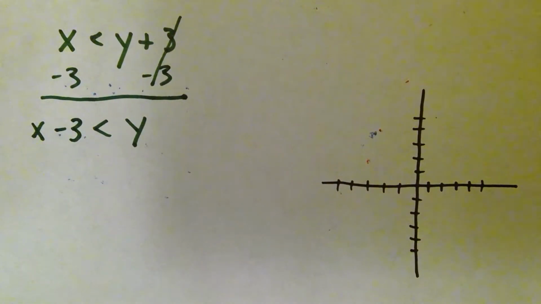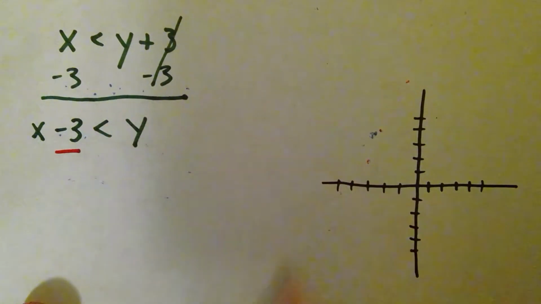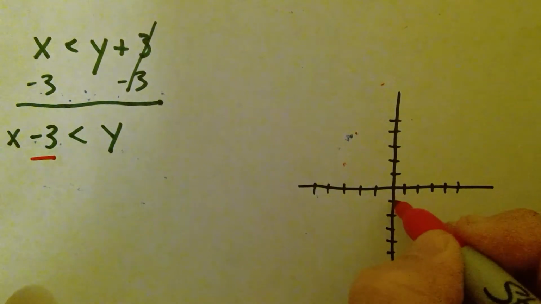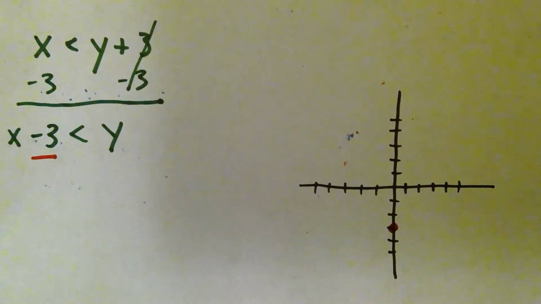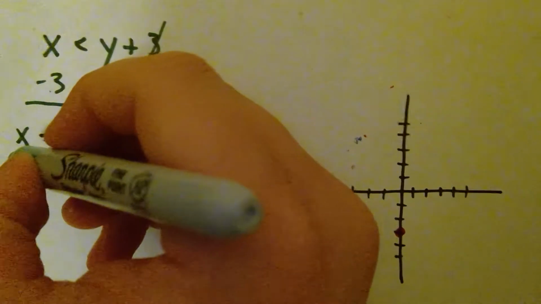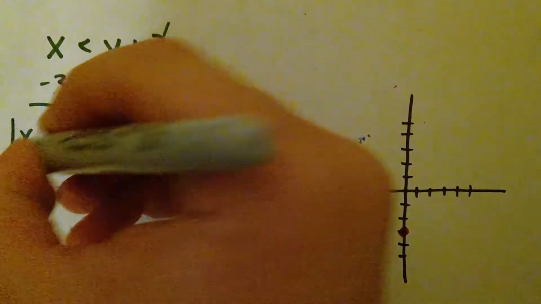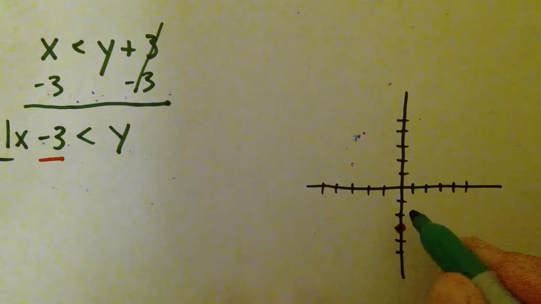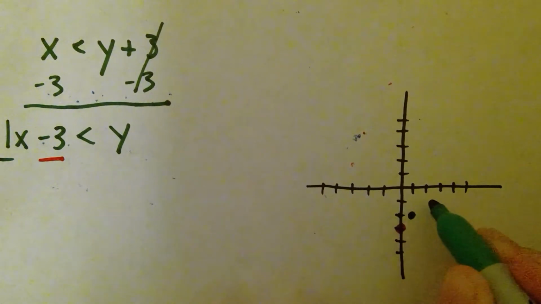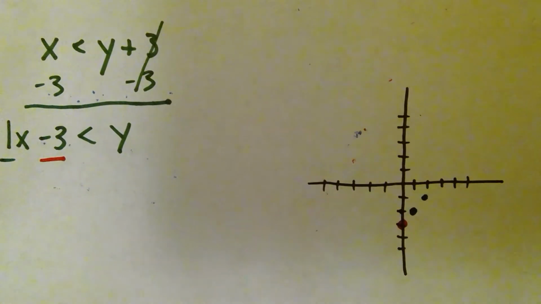Now we can graph it. The y-intercept here is negative 3. 1, 2, 3. Our slope, if I don't see a number in front, is 1. So I'm going to go up 1 over 1, up 1 over 1.